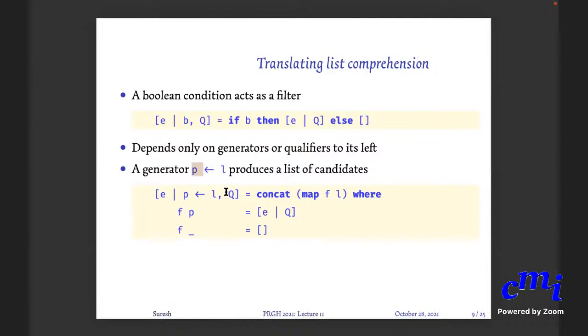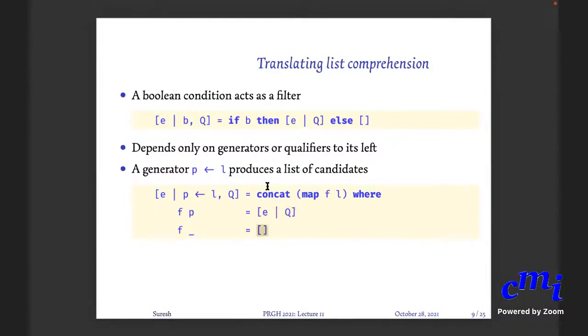So what you do is you map F on L, you apply F on every element in L. What is F going to do? If the input element is of this pattern P, then you recursively evaluate the list of all E such that Q. Otherwise, you just return the empty list.